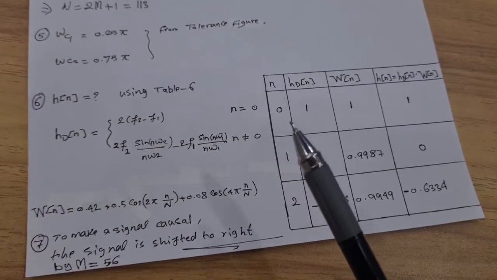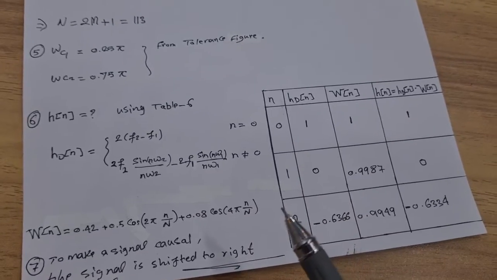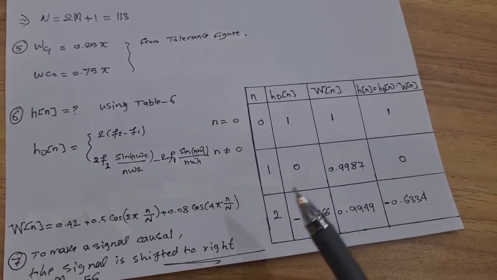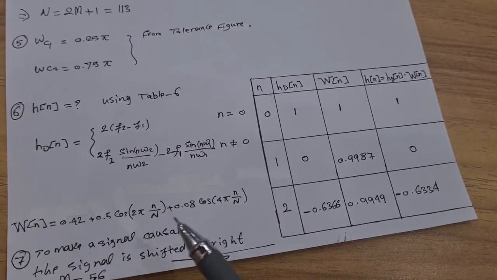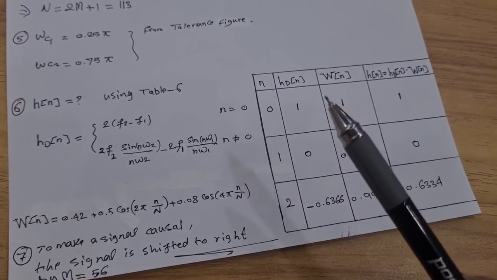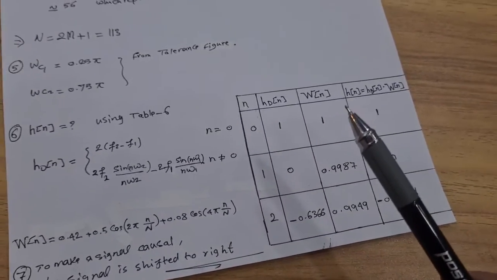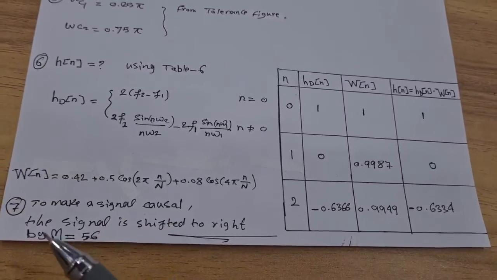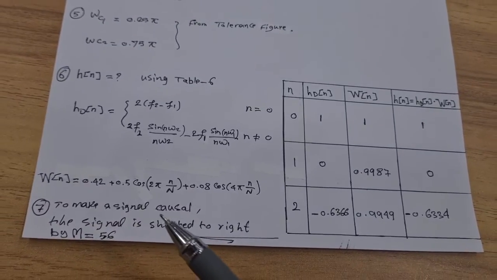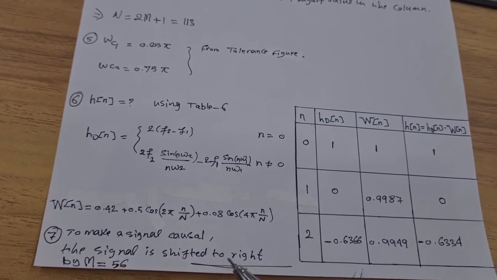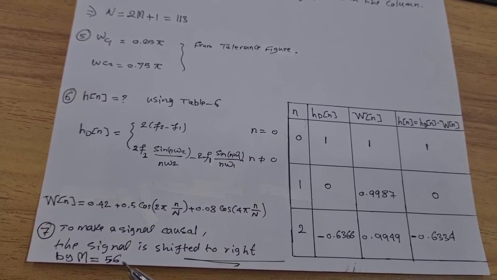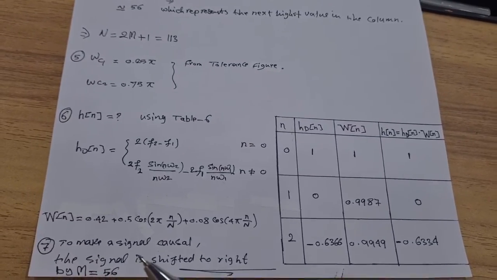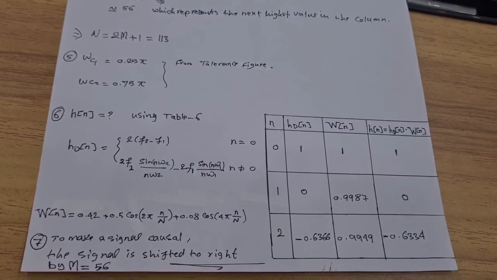We select three nominal values for N, which are 0, 1, 3, and put these values into these formulas to calculate HD of N and W of N, and in the end H of N, as you see in the figure. So to make the signal causal, the signal is shifted to the right by M equal to 56, as we have calculated before, and the design is finished. Thank you.